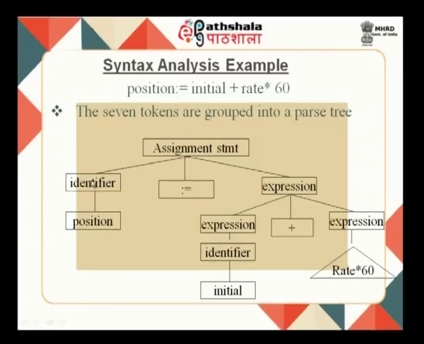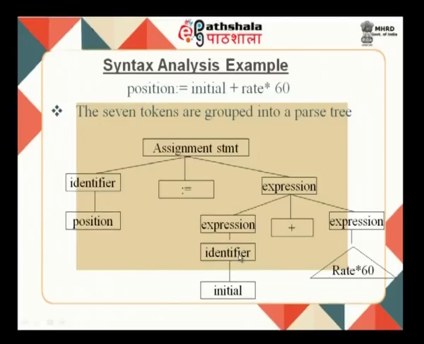So, for that particular grammar, this is going to be my corresponding derivation tree. Okay. So, here S produces ID colon equal to E, this is my S here, LHS is ID colon equal to, this is my expression here. This expression is expression plus T. This expression is nothing but T, which is nothing but F, which is nothing but a simple identifier initial. If you remember that, expression produces T, T in turn produces F, F in turn produces ID.